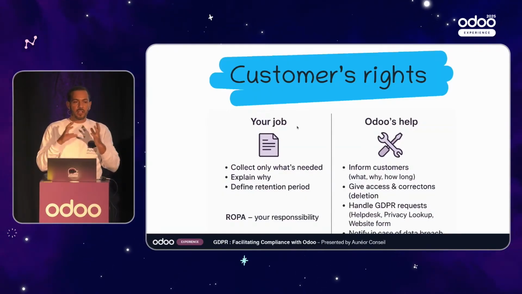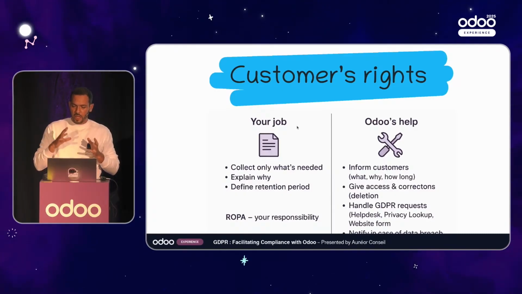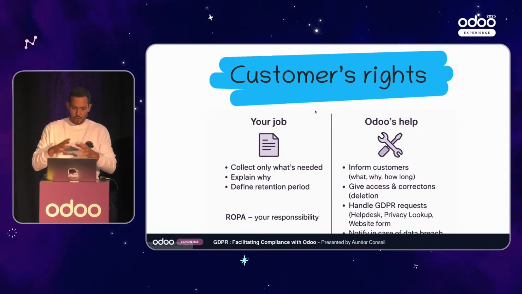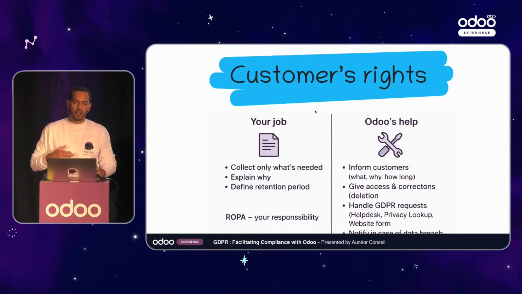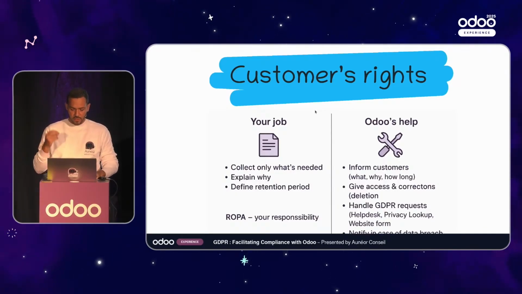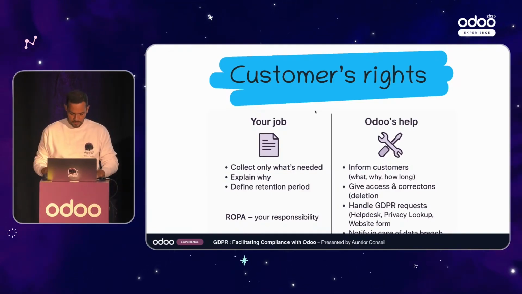The first side is your job, you have to explain what data you are collecting, how you use it, and you have to write it on the document called the record of the process activity, the ROPA. And this job is entirely your responsibility outside Odoo.